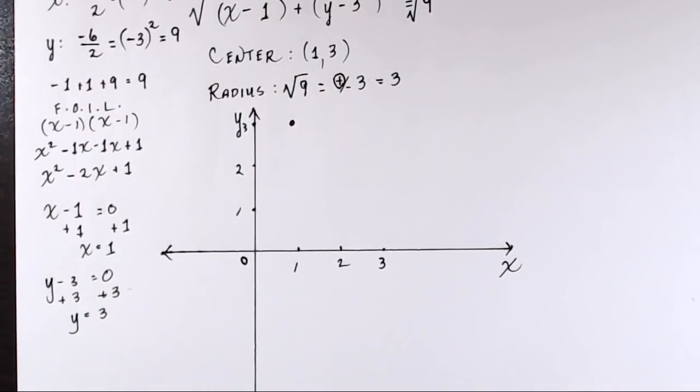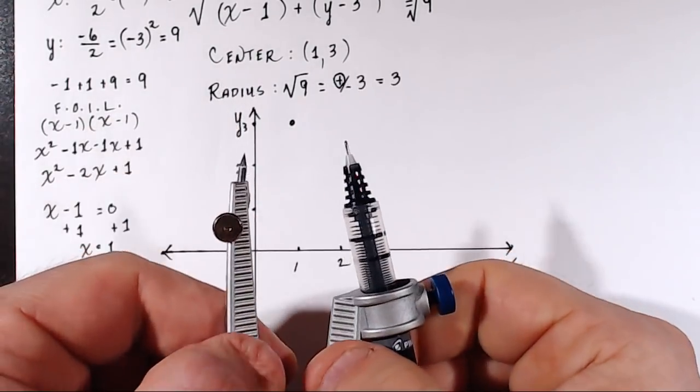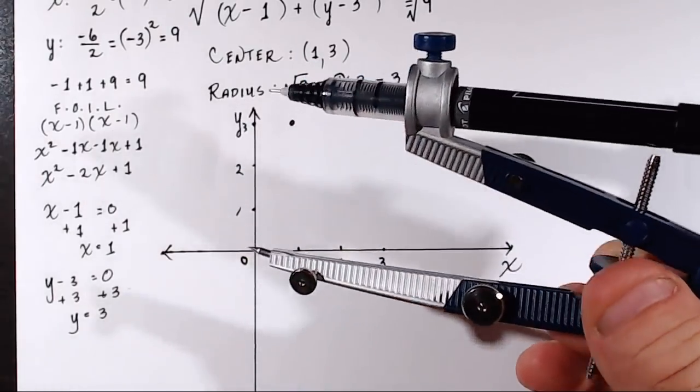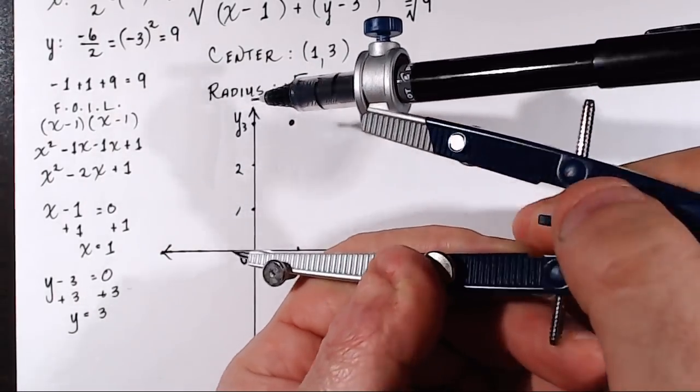Okay, now I'm going to draw the circle. And to draw the circle, I'm going to change out the pencil, see if I can fit a pen in here so it shows up clearly. To draw the circle, get my pen seated in here firmly. I just have to take my compass and expand out that radius to be 3 according to my graph.